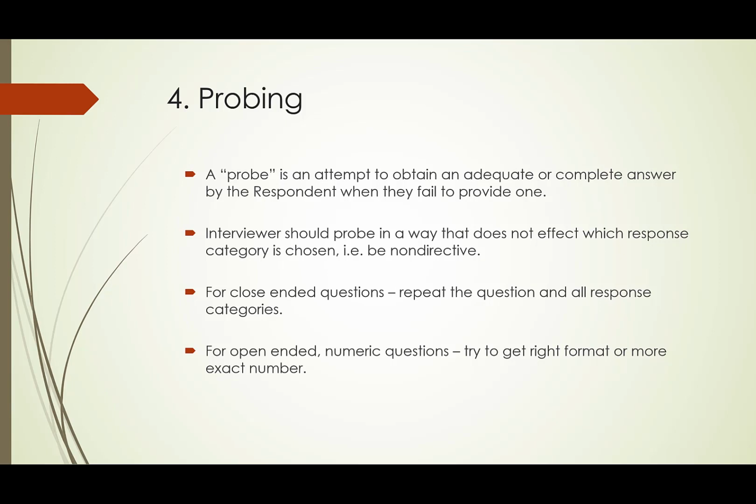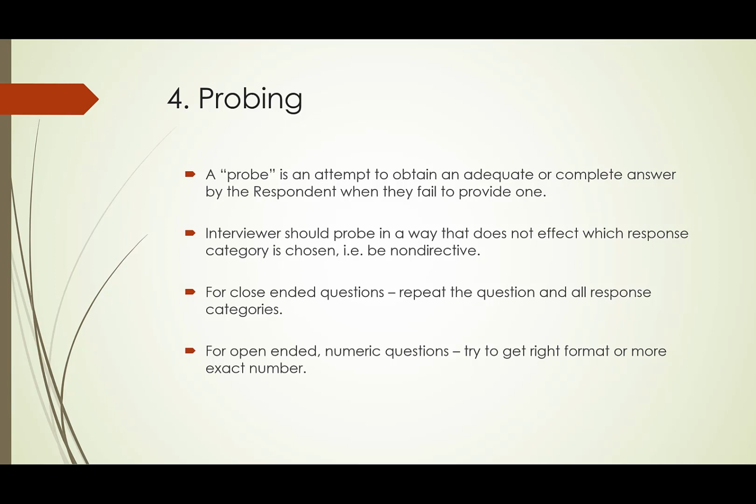Going back, we'll look at probing. Probing really is just words that the interviewer uses to try to get the respondent unstuck if they're confused or stuck. If they don't provide an adequate answer, or it's not a complete answer, or it conflicts with the previous answer, then that's a good time as an interviewer to probe or ask for clarification.